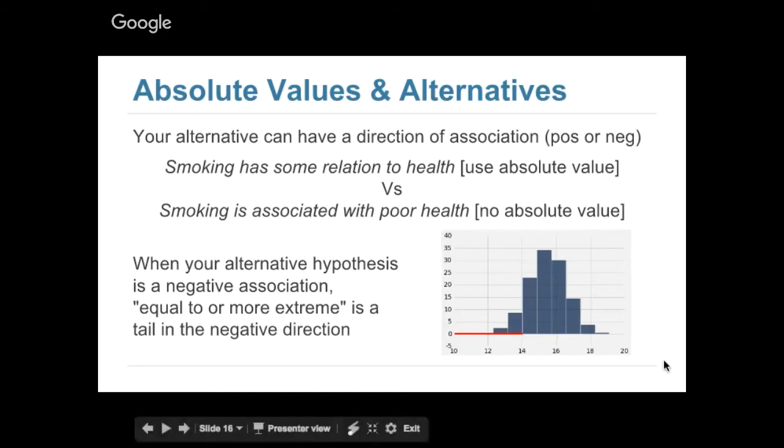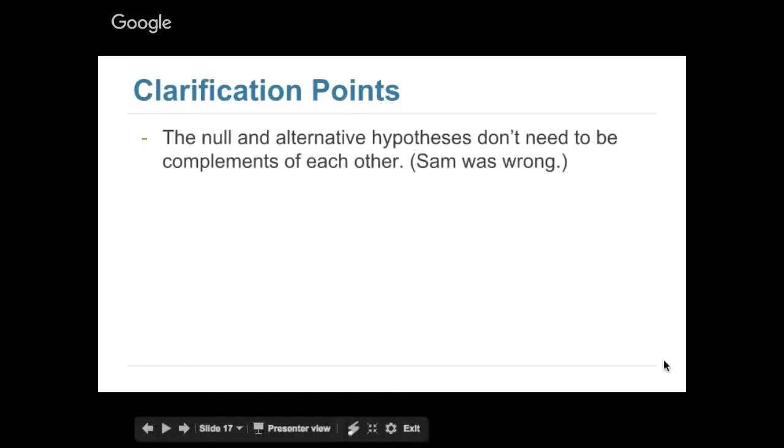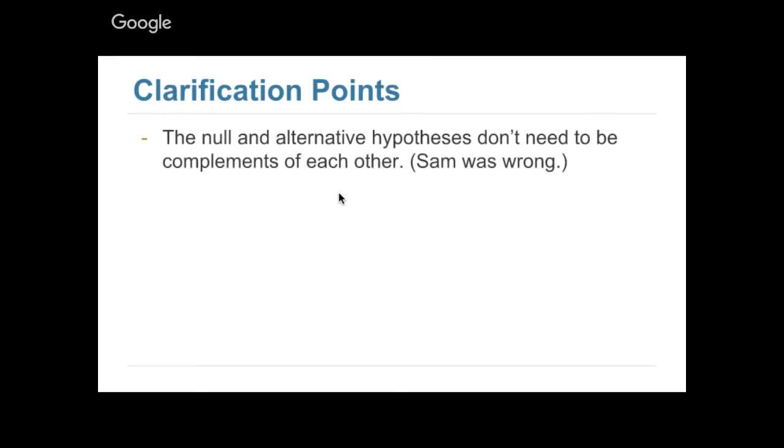This brings me to some clarification points I wanted to make. Luke asked me yesterday, do the null and alternative hypotheses need to be complements of each other? So if I say my coin is fair, does my alternative have to be my coin is unfair? It turns out that that's not the case. I went back, asked some people, and they said no, it doesn't have to be the case. So I was wrong.